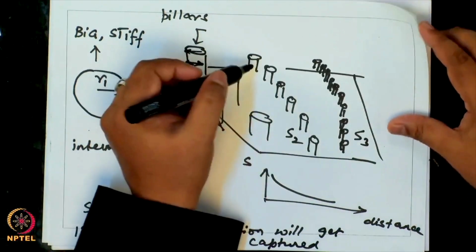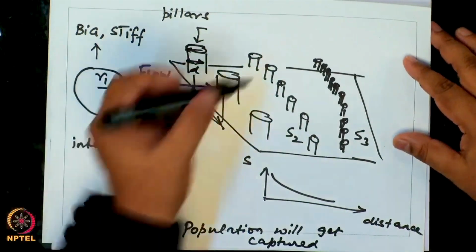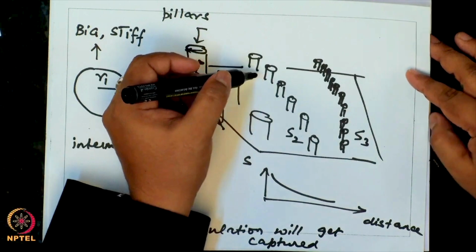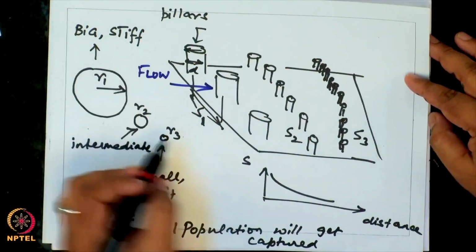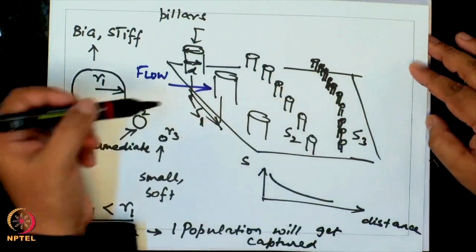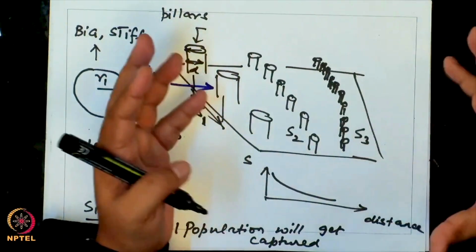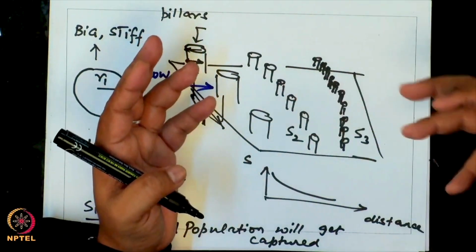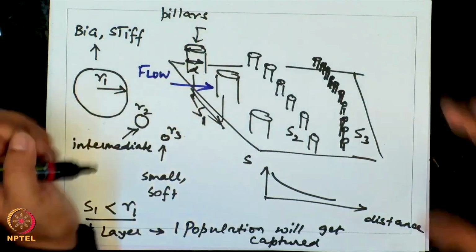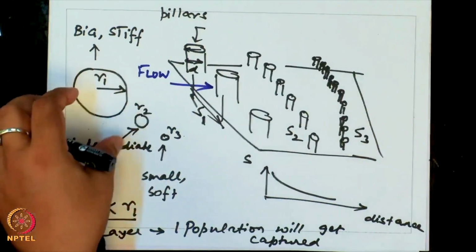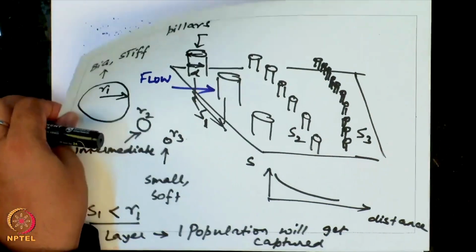Similarly, in the second layer you will have this intermediate population which might get captured, and the smallest ones will flow out. So, this is a way of separating multiple populations which have subpopulations in them, if these deformabilities or size are drastically different.